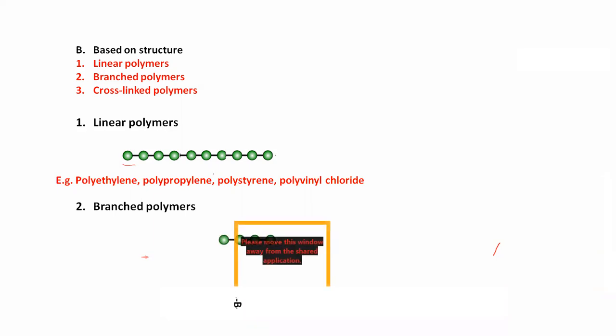This is one linkage, another linkage, a third, and there is a branch. This is one more branch, and so forth. So this is the branched structure of a polymer.